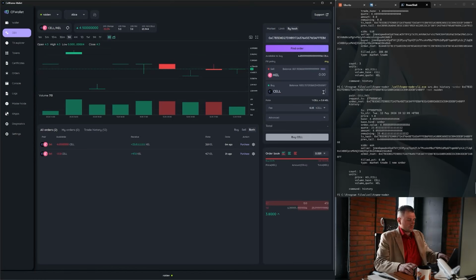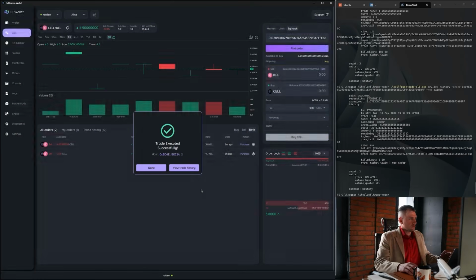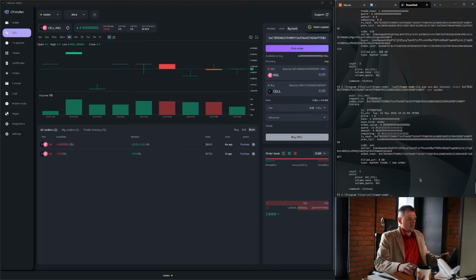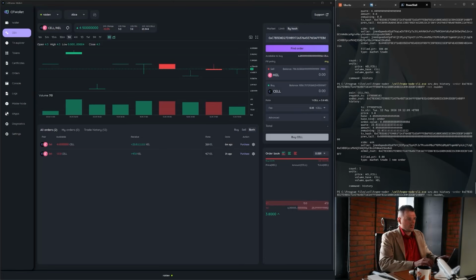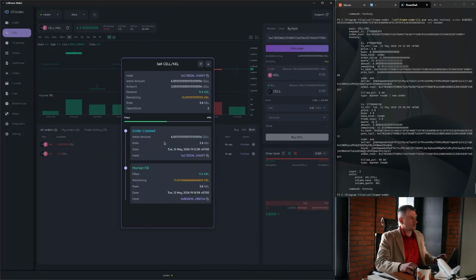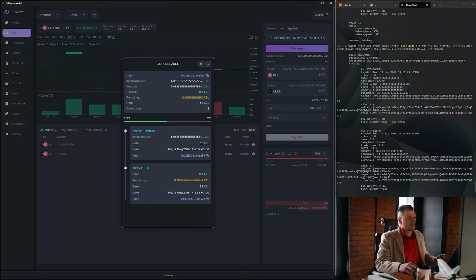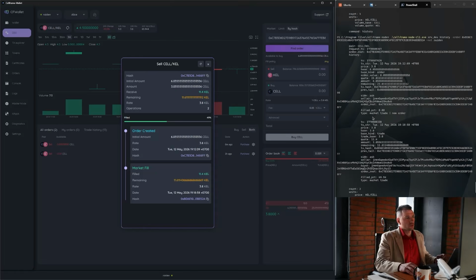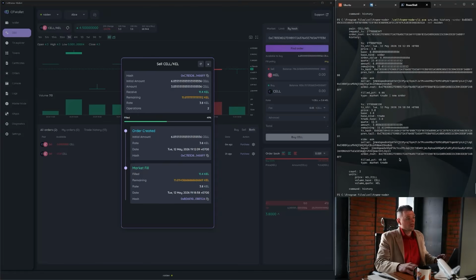Let's buy 3 cells from it and check. So here is the sequence. Order creation was combined with market trade in one transaction, and it is further tradable as usual.